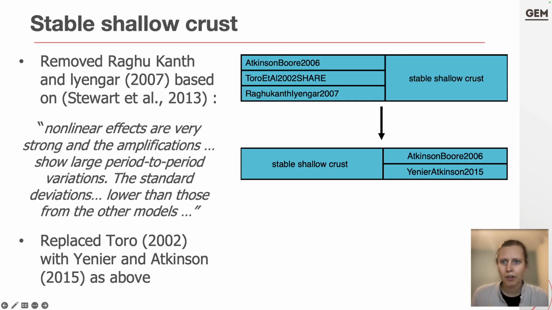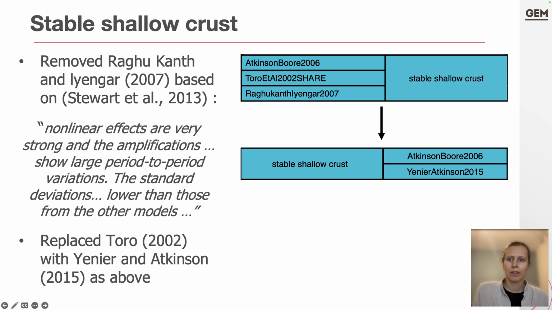For the stable shallow crust, which covers the majority of India itself, we used evidence directly from the Stewart report to remove the GMPE by Raghukanth and Iyengar, which showed that there were nonlinear effects that were very strong, and the amplifications had significant variations among the periods.